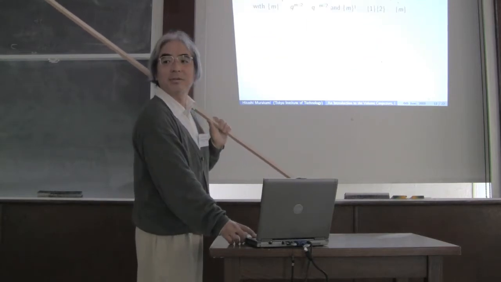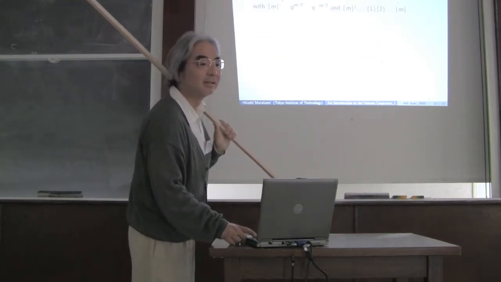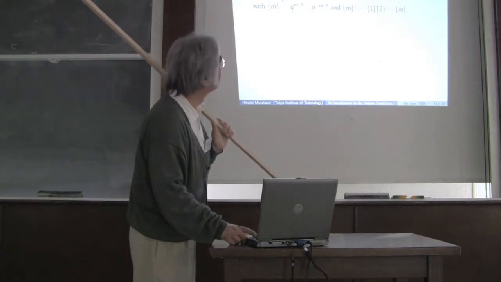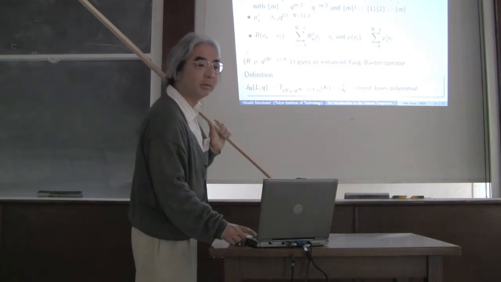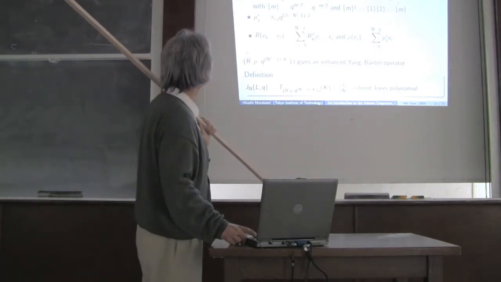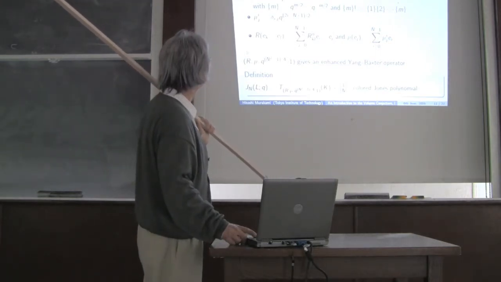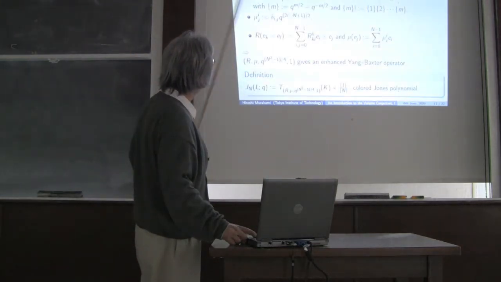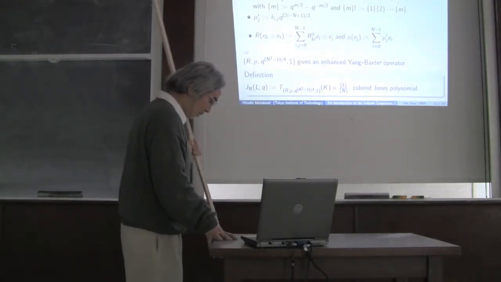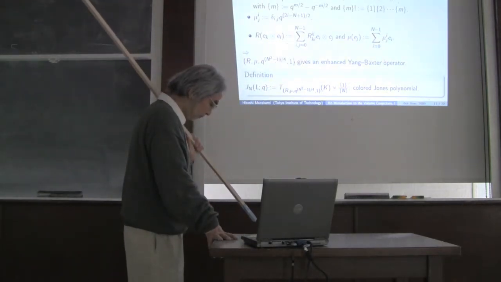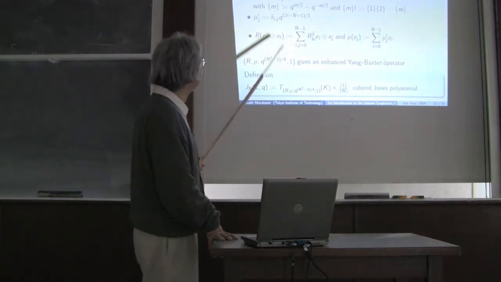Any more questions? Yes. For the ones that you get from the quantum groups, do you always have B equals 1? Can you always assume B equals 1? No. Sorry, I forgot where it comes from.